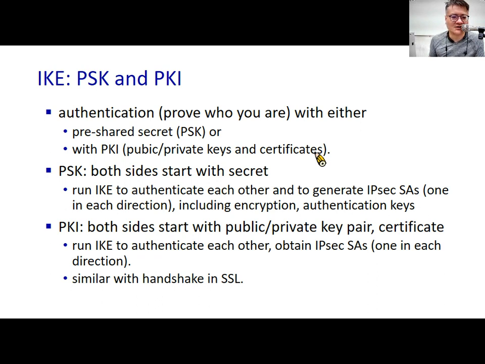Both sides start with the secret. They run IKE to authenticate each other and generate the IPsec SAs, one in each direction, including the encryption and authentication keys. So for PKI, both sides start with public and private key pairs and a certificate, run IKE to authenticate each other, and obtain the IPsec SAs, one in each direction.